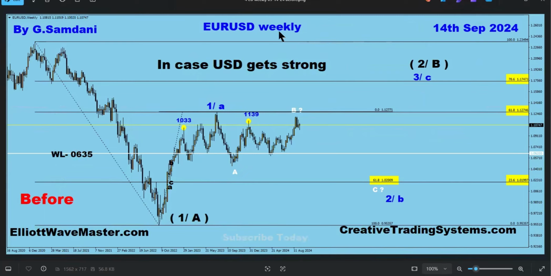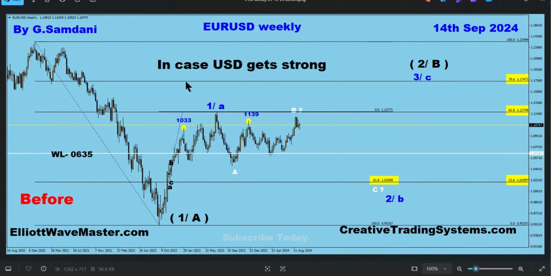Look at it. This is the Euro USD weekly chart, which was made in September 2024. And this is my Elliott wave count, saying that this is wave 1 or A, and then this is the blue count A. Then we're supposed to come down here to B. The white count is an A, B, C fashion, 3 wave. And then we will go up for wave 3, finishing this black count wave 2, before we go down.